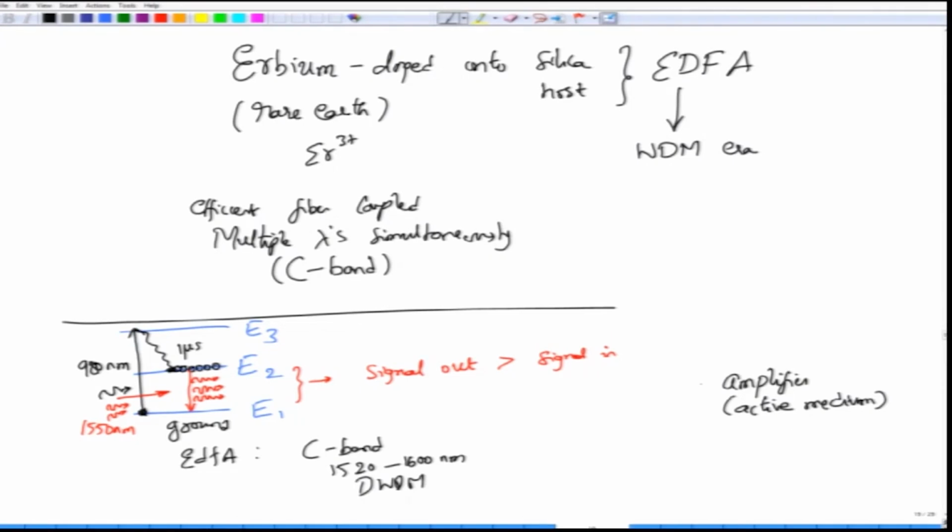The second ingredient of this was that you put this amplifier inside a certain cavity. Why would you put them inside a certain cavity such as a Fabry-Perot cavity in this case? Because you want to provide optical feedback, right. And of course, a laser does not really take in any external signals.